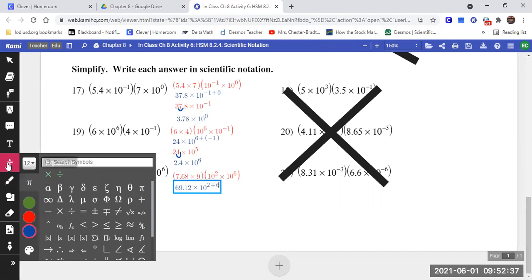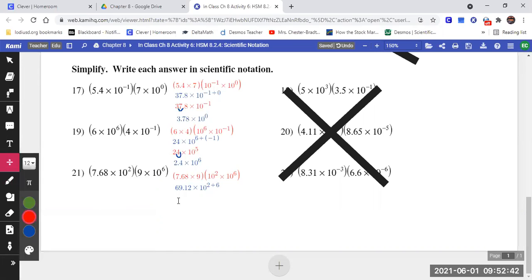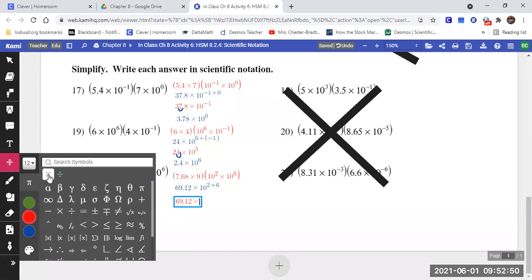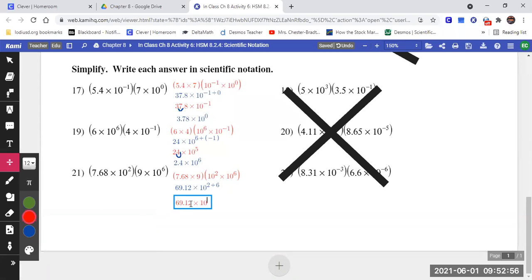Okay. 69.12 times 10 to the what? We clean it up. Do the math for the exponent.